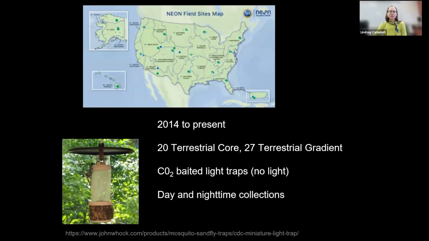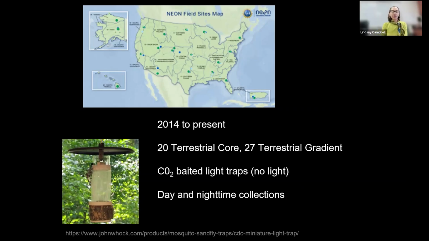So just a little bit of background. The mosquito collections through NEON started in 2014, and it's been going on until present. These mosquitoes are collected at 20 terrestrial core sites and 27 terrestrial gradient sites. They're collected using CO2 baited light traps with no light.